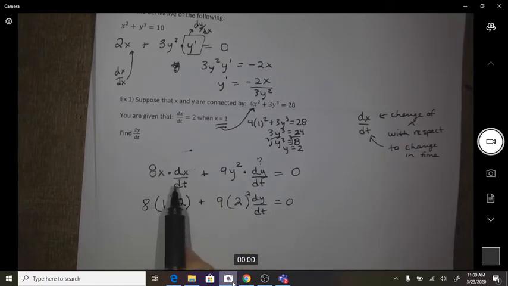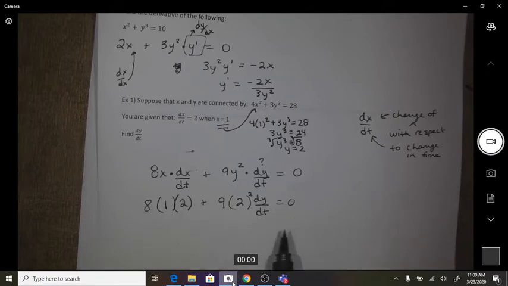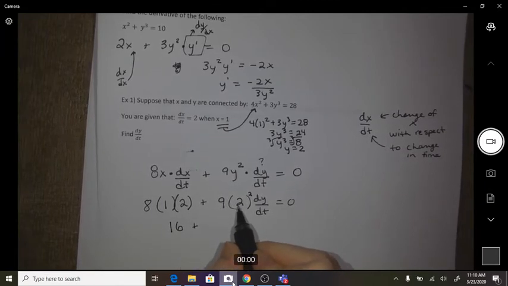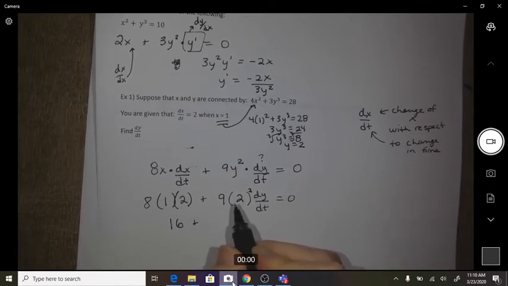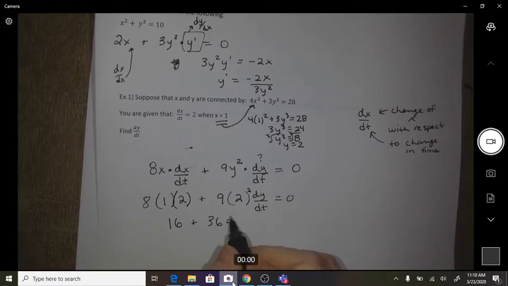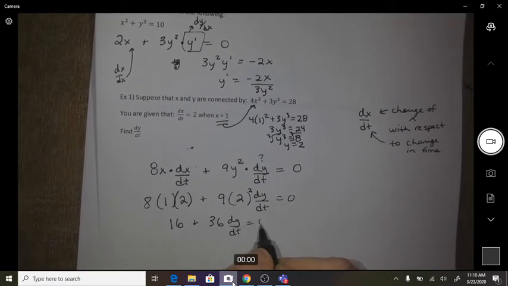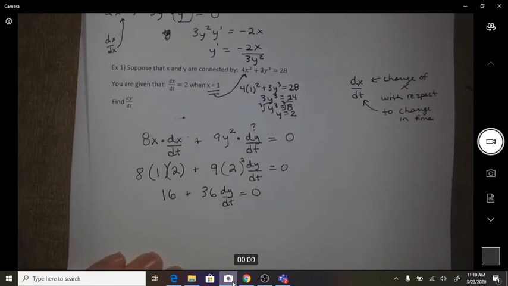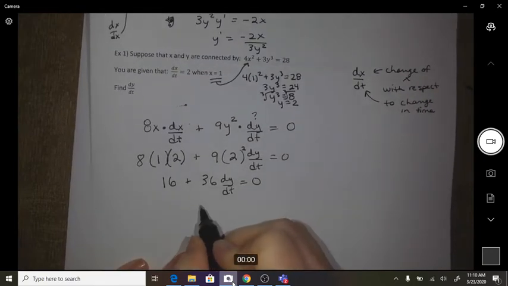Okay, so I differentiated it, and now I've plugged in everything I know. So 8 times 2 is 16. 9 times 4 is 36. So I'm going to move the 16 over.